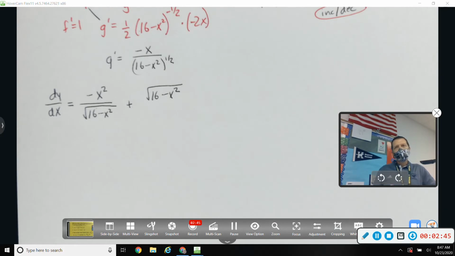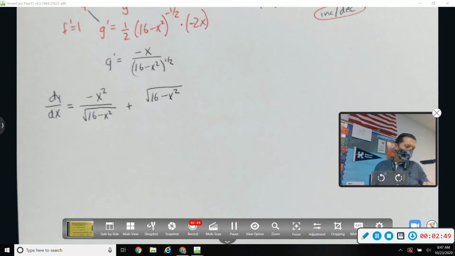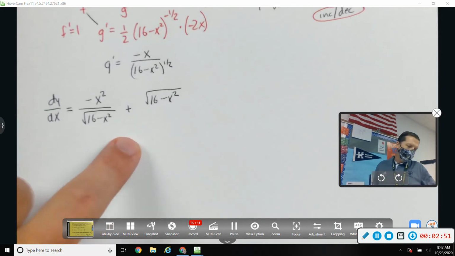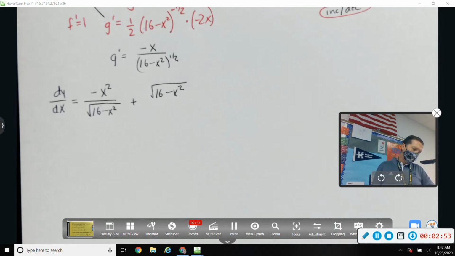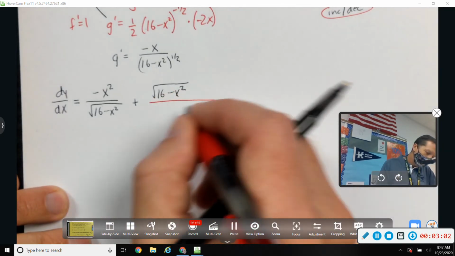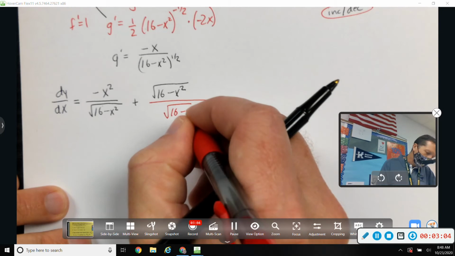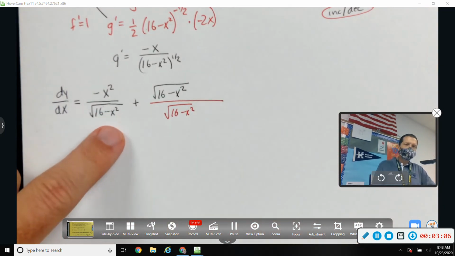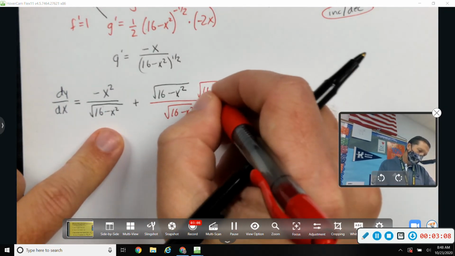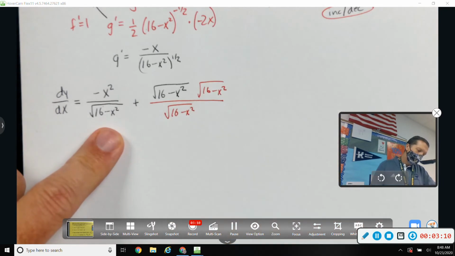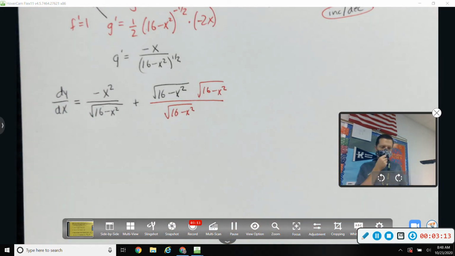Okay, so if we were just asked for a derivative, we could box that up and be done. We want to know where that's 0 or undefined, though. So I probably would like to get a common denominator so that I can make it one fraction. And then the top is 0 or the bottom is 0. So I'm going to multiply the top and bottom by that denominator so that I get a common denominator.